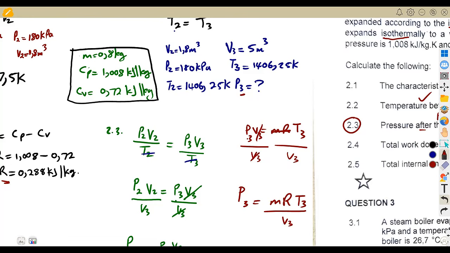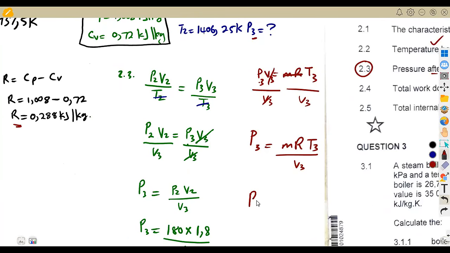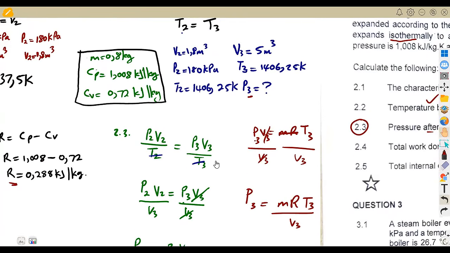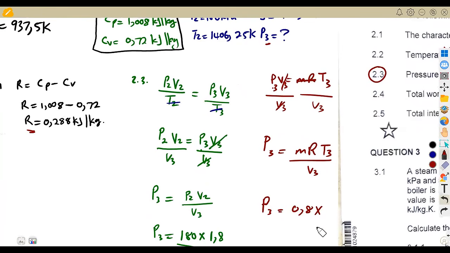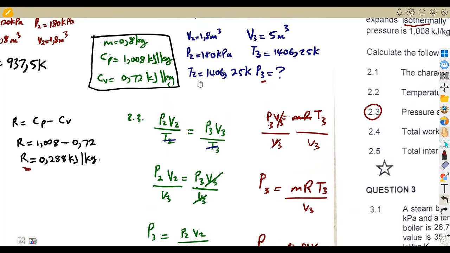So you're going to just substitute the information that we are given. We have the mass of the gas, so P3 is going to be the mass of the gas, which is 0.8 kilograms, times the gas constant, which we calculated here, 0.288, times T3. From the calculation that we made, T3 is equal to T2 because of the isothermal process.